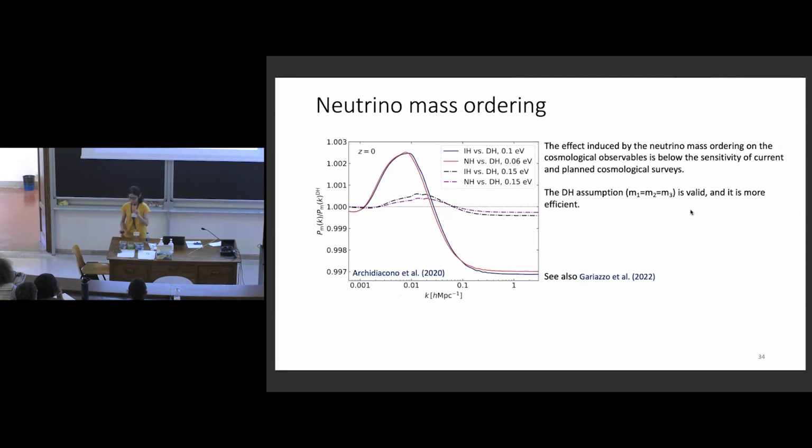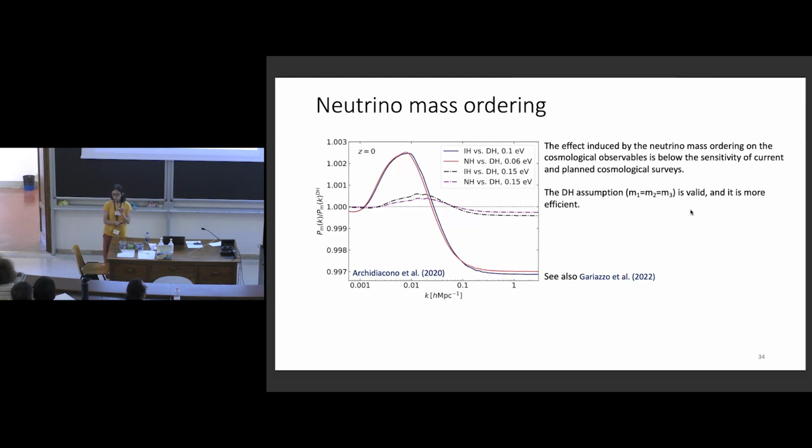Okay, yes. Let me clarify this. If we approximate the two hierarchies with one massless and two massive, or with two massless and one massive, then the deviation is more than a few per mil.